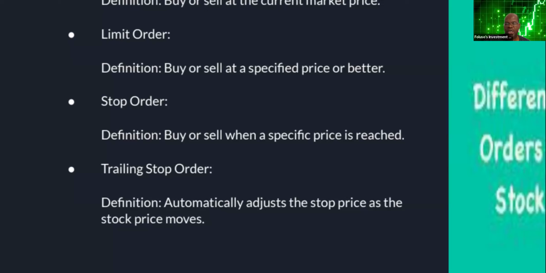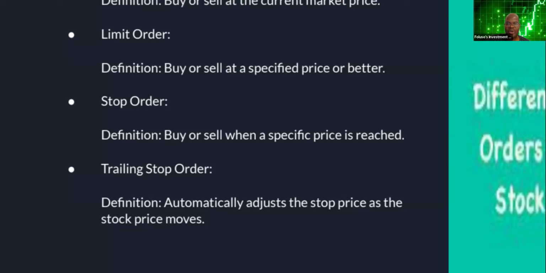Let's say it has gone up to 77, but you're not sure if it's going to continue to go up or go down. So you can put a stop order. That's like a preventive measure. If the market goes down to 70, I'm only willing to lose 7 of the price now. But if you don't put this stop order there, the price can go all the way down to 35 and you'll still be in the market.